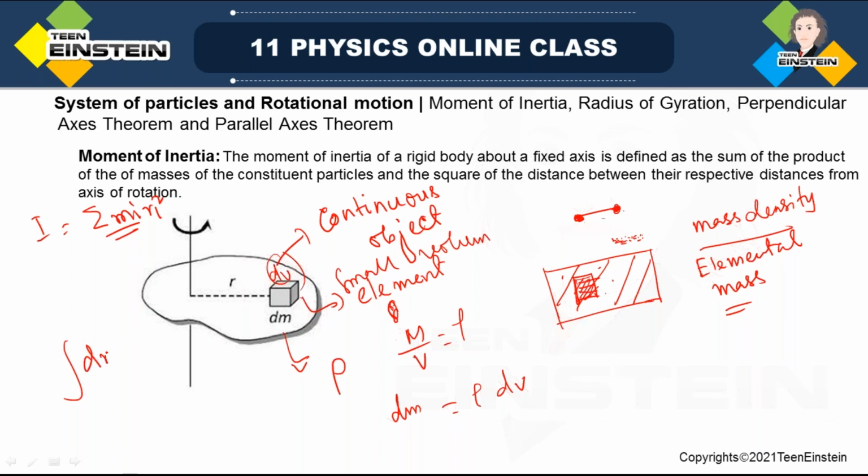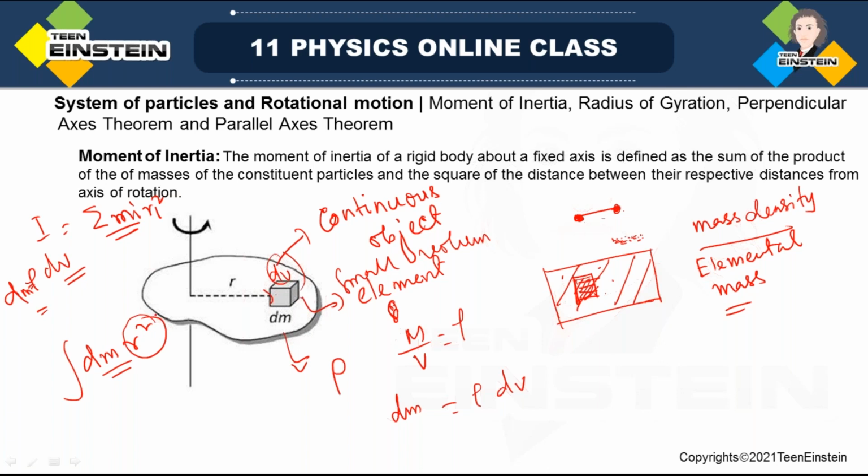Instead of m, I'll write delta m. I have taken the mass element at distance r from the axis of rotation, so we write r square. In this, dm will be rho into dv, and dv contains this r factor.